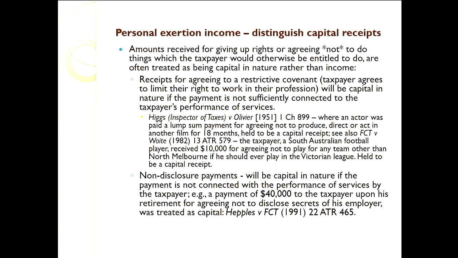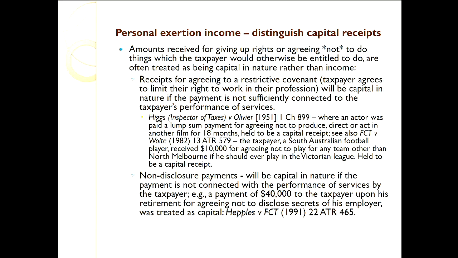Okay, this can be a little bit tricky, but the principle is that if a person is being paid some money to not do something, this is the key point, to not do something, then the payment is likely to be treated as capital, not income. So receiving a payment for agreeing not to do what you're entitled to do, right?